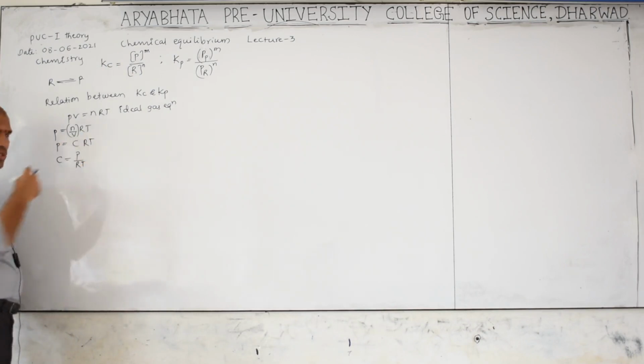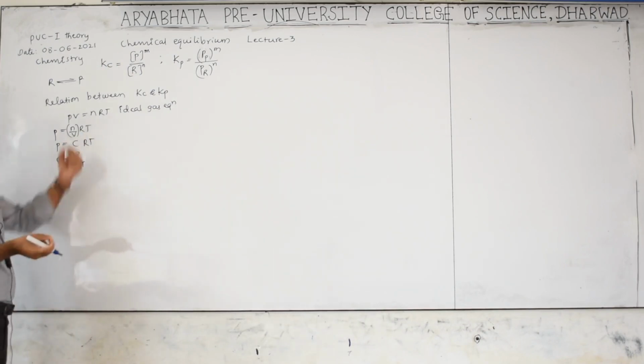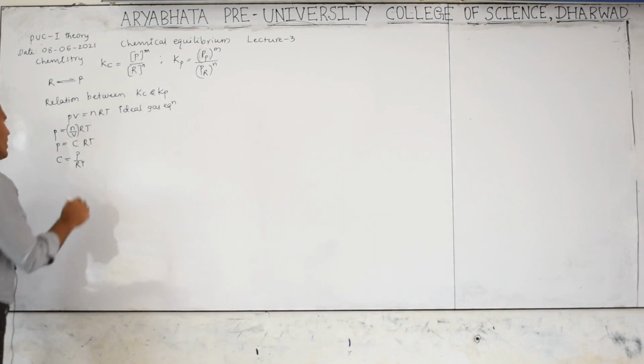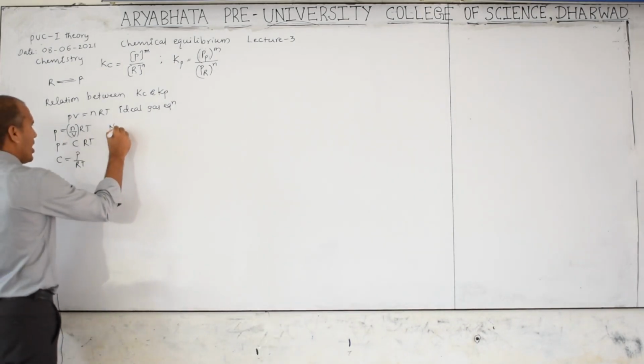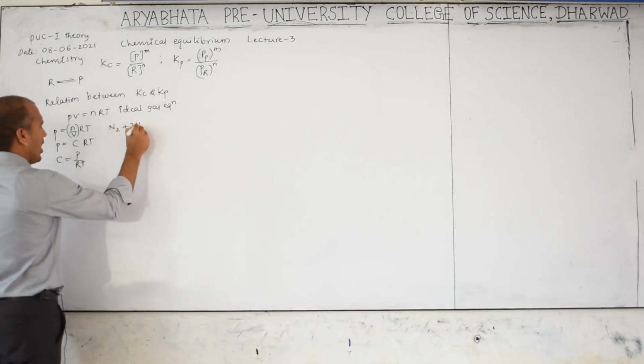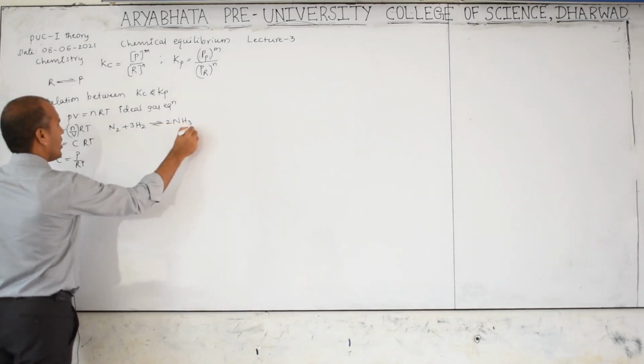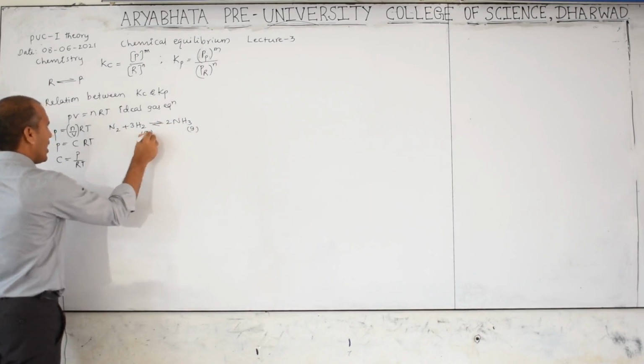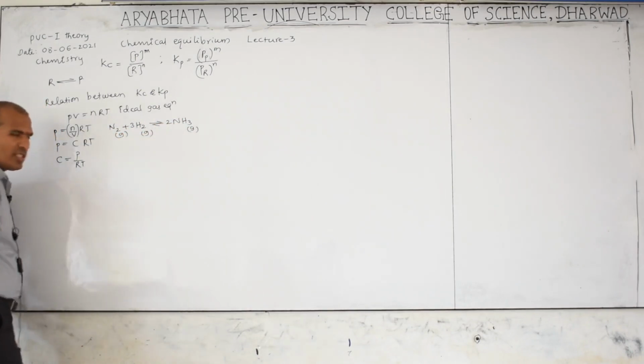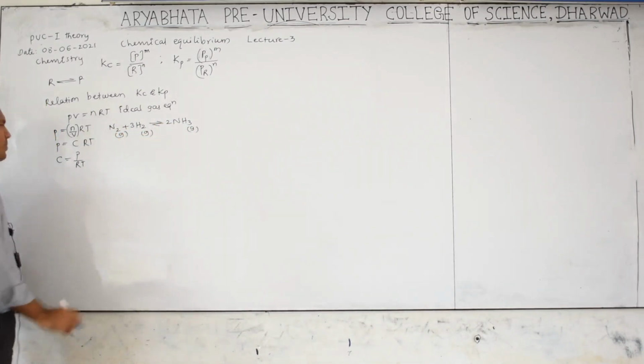Now I want to directly explain this relation with respect to one example. That example is N2 plus 3H2 gives rise to 2NH3. These are gases. Physical states are very important.